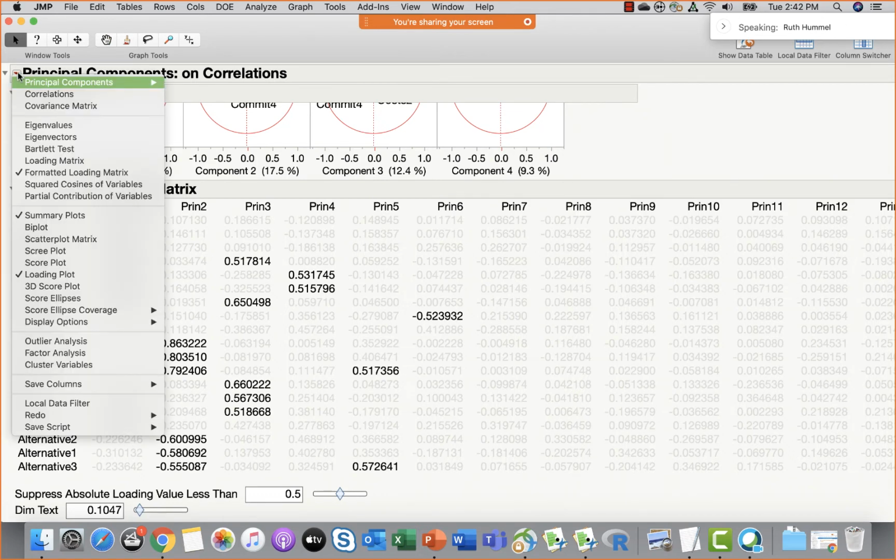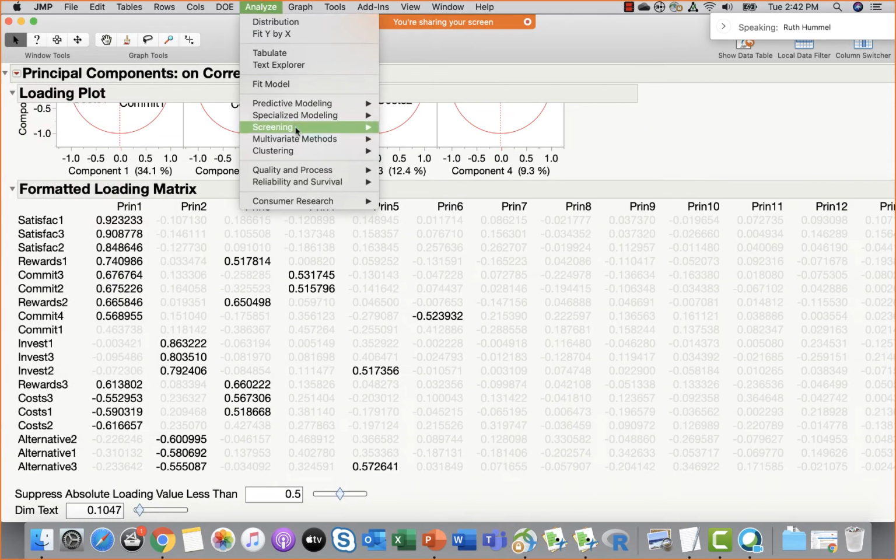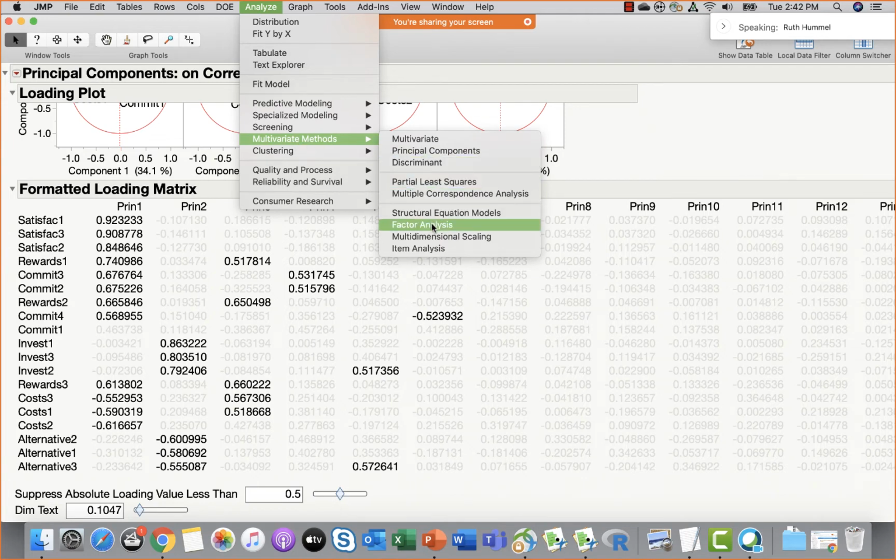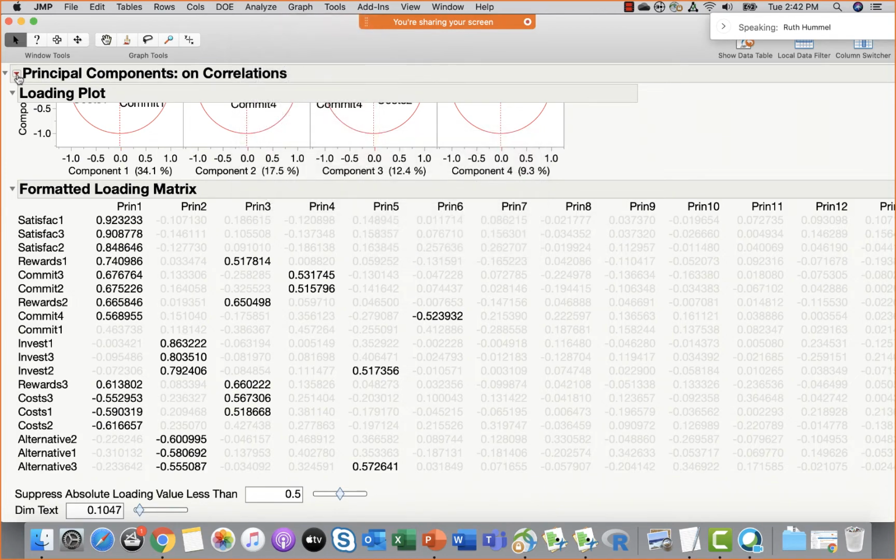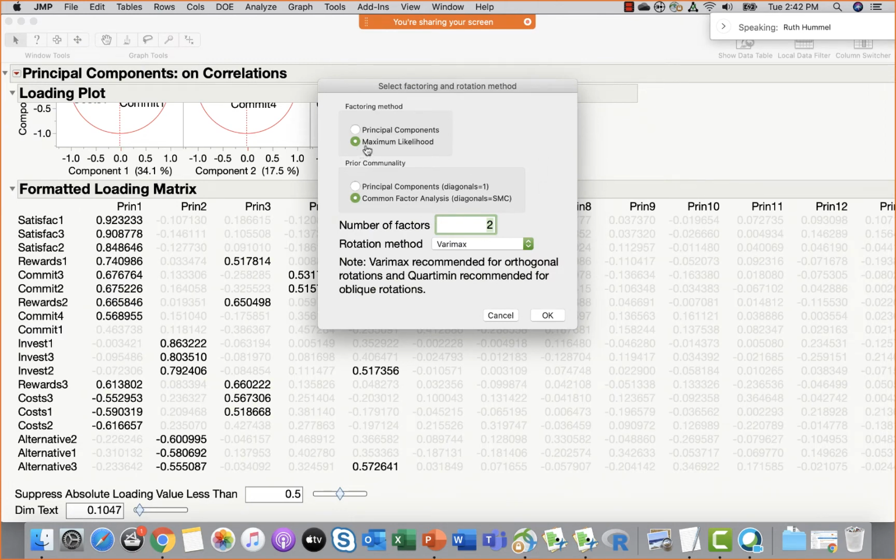So then we want to take this into an exploratory factor analysis. So the next way to do factor analysis is right here from principal components, or to go back to analyze and multivariate and go straight into a factor analysis to begin with. So we can either go through principal components to get to it or start right at factor analysis. So if I do this, I get to a factor analysis.